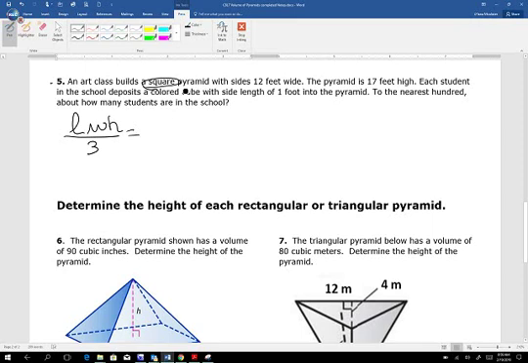So we should have multiplied the square. That means all sides are the same. So it is 12 times 12 times the height of the pyramid of 17 and divide by 3. So it's 2,448 divided by 3 for a volume of 816, or 816 students.